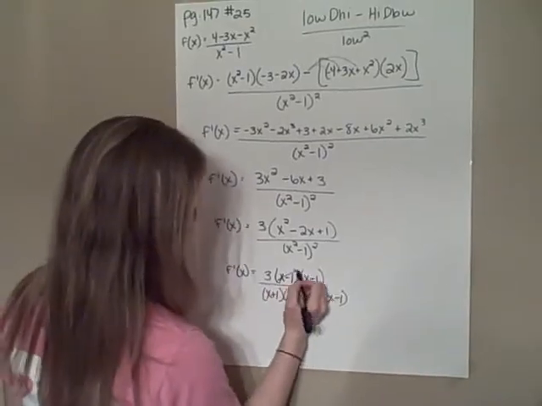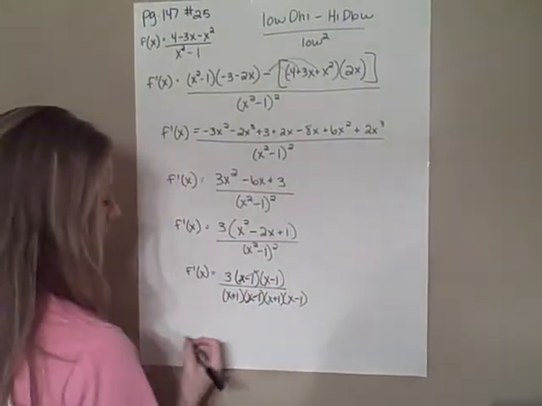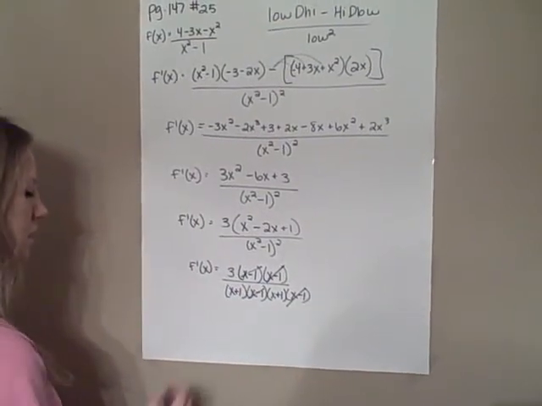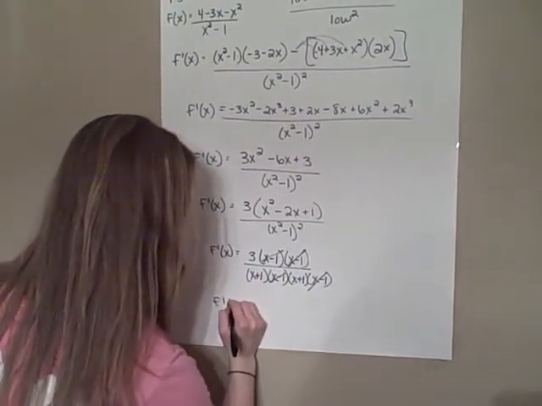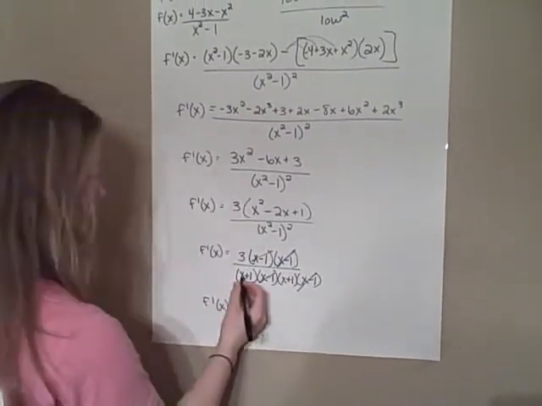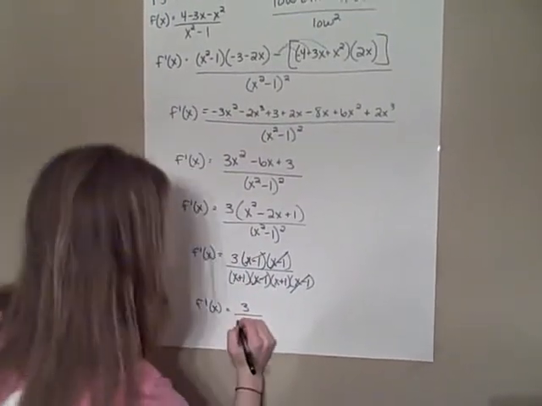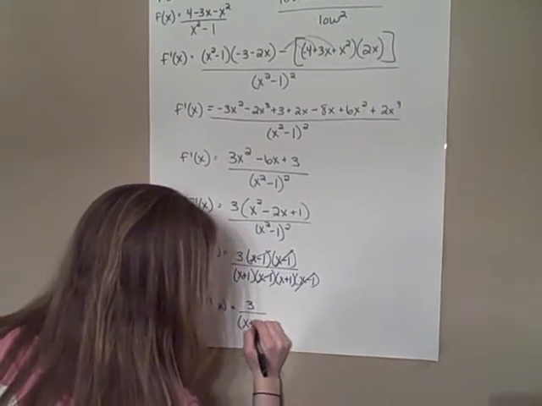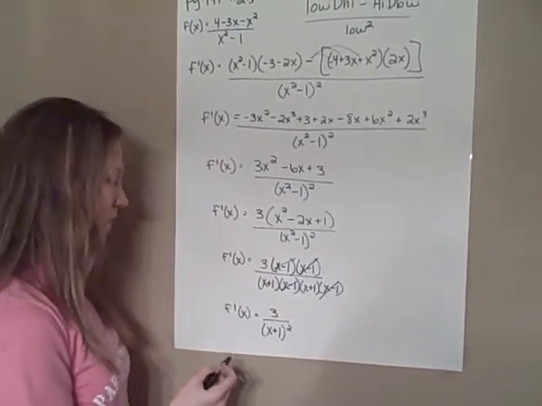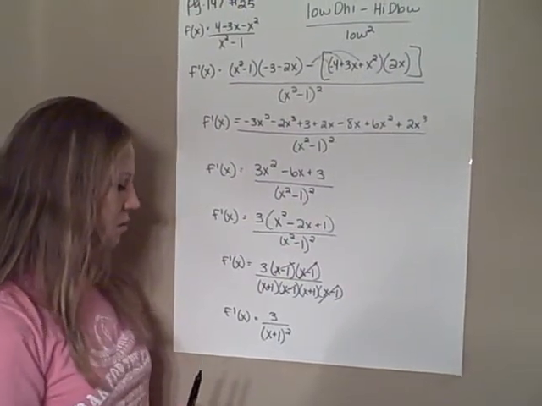When we do that, x minus 1 cancels out this x minus 1, and x minus 1 cancels out this x minus 1. So now we're left over with 3 on the top. We have x plus 1 twice, so we're just going to simplify them, x plus 1 squared. So our final answer is 3 over x plus 1 squared.